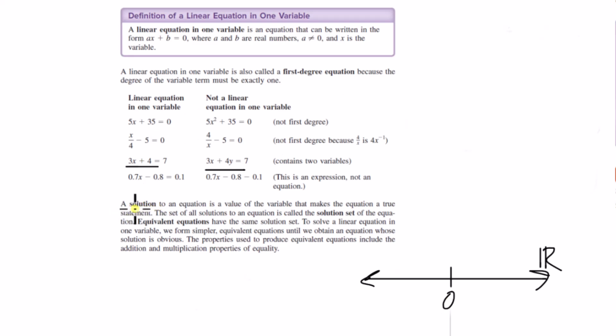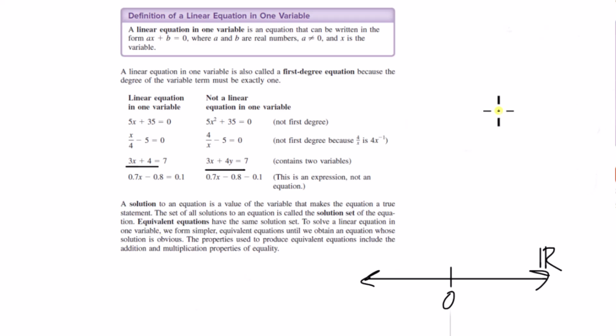That's a solution. Okay? Now, you could potentially have multiple solutions, right? So the set of all solutions to an equation or an inequality is called the solution set of the equation. Equivalent solutions have the same solution set. So what they're talking about here is that if you have two separate equations or inequalities that have the same solution set, then those are equivalent equations, right?